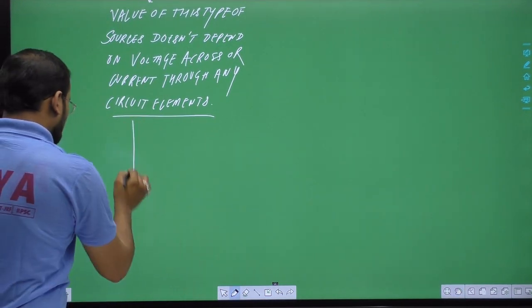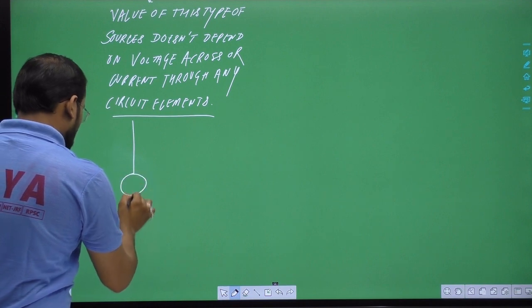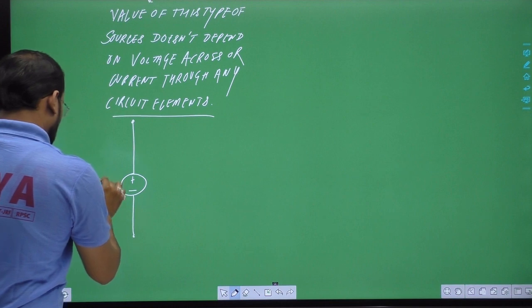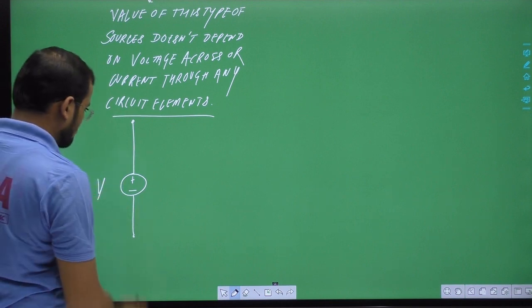So the representation of them is like this, with the value.